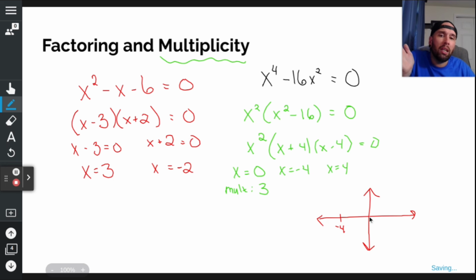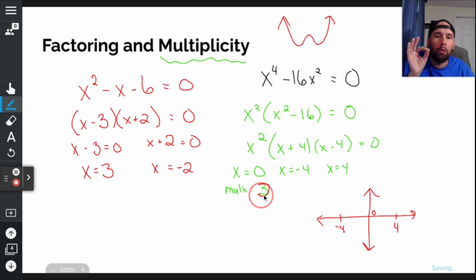It's going to hit 0. And when I say hit 0, I mean hit 0 and not go through. You'll see why in a second. And it's also going to go through regular 4. I know this is a quartic where the leading coefficient is positive, so I expect it to look like a W, right? Now, magic happens whenever you have a multiplicity of an even number.